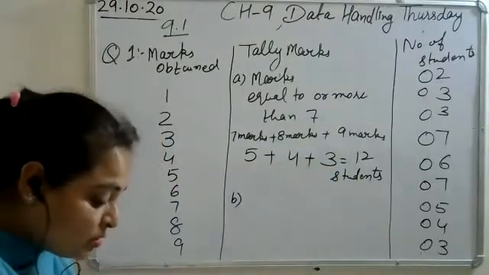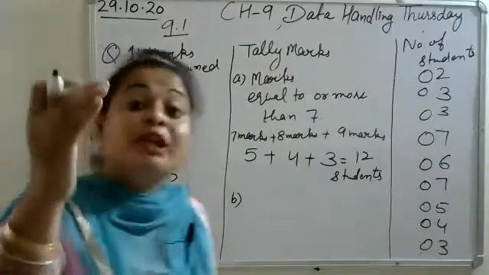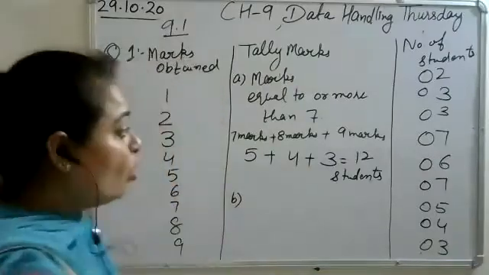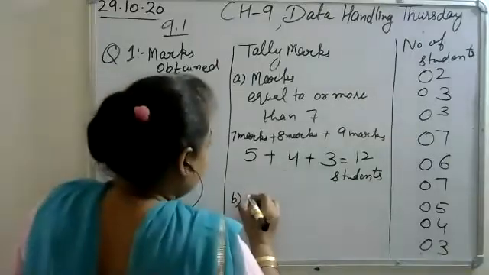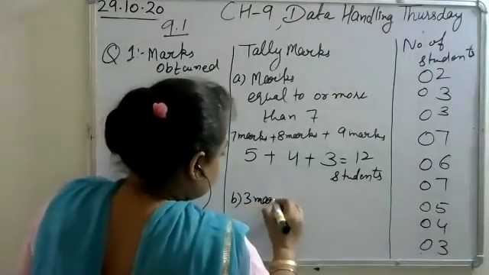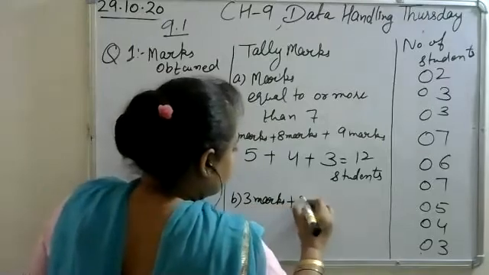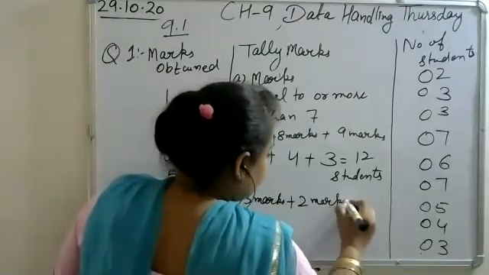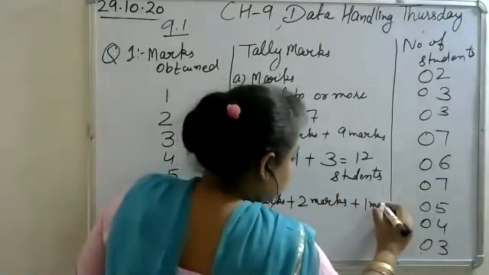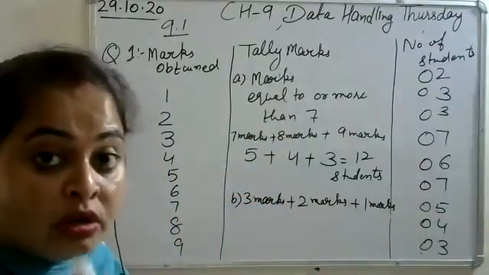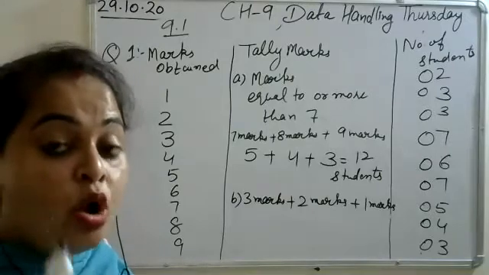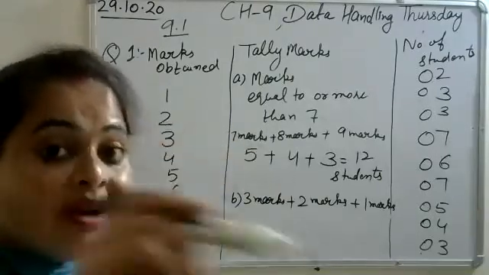How many students obtained marks below 4? Below 4 means 4 से नीचे. It means 3 marks plus 2 marks plus 1 marks. You will not include 4 because the question is not based on equal to 4.